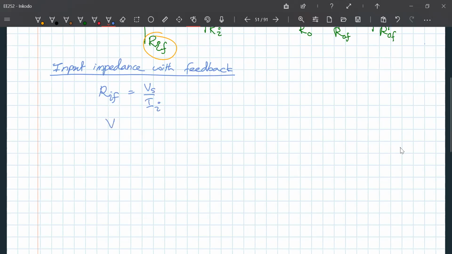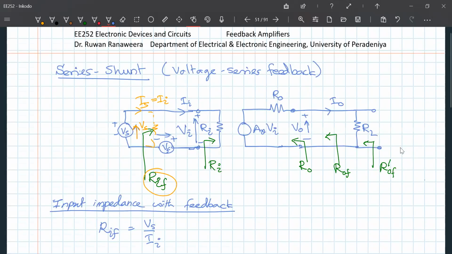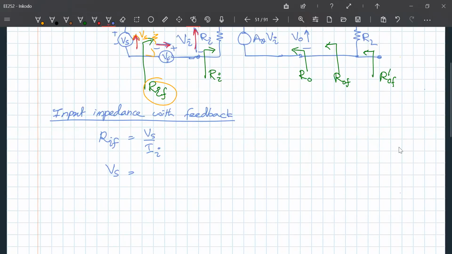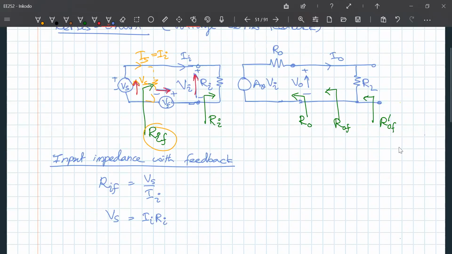But what is Vs? Vs is equal to this voltage plus this voltage equals this voltage, right? So therefore Vs is equal to the Ii Ri, that's the voltage across this resistor, and I have to add Vf into that, right?